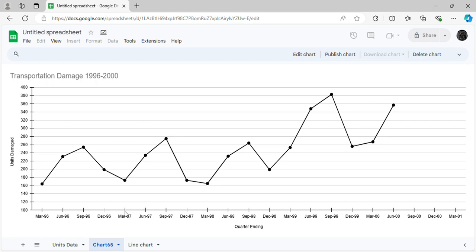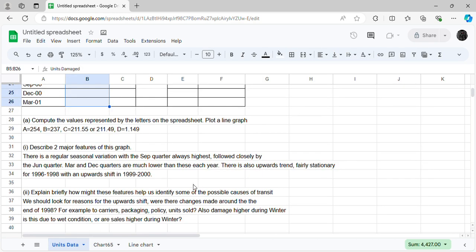So for 1997, March and December are low. For 1998, the March and December values are quite low. And for 1999, the March and December values are quite low. For 2000, the March value is quite low.